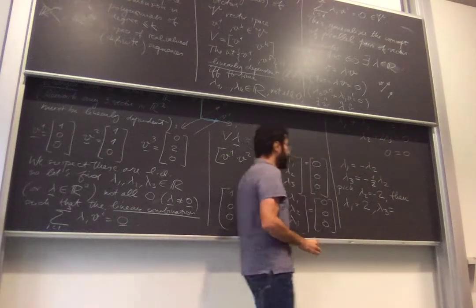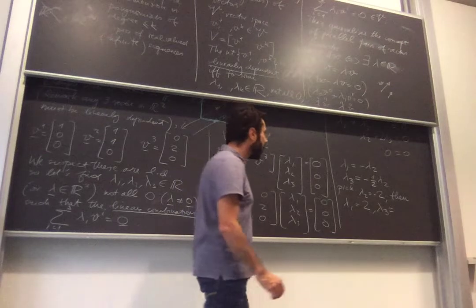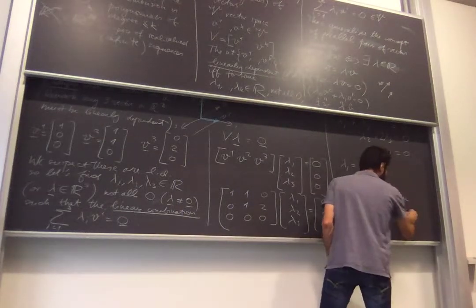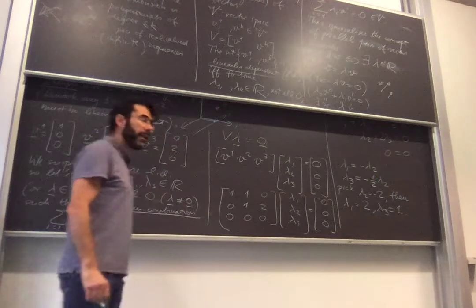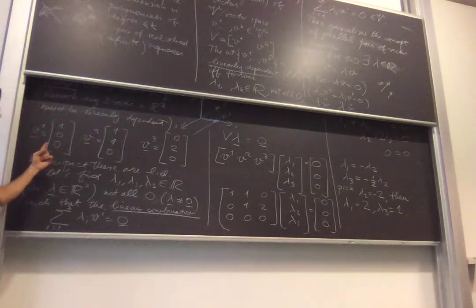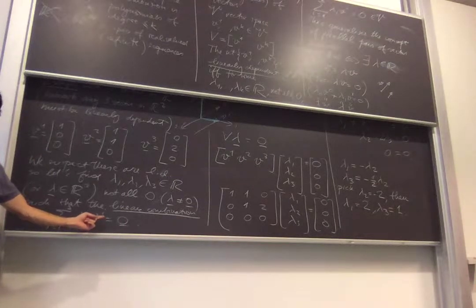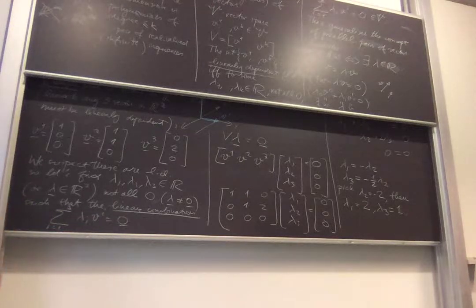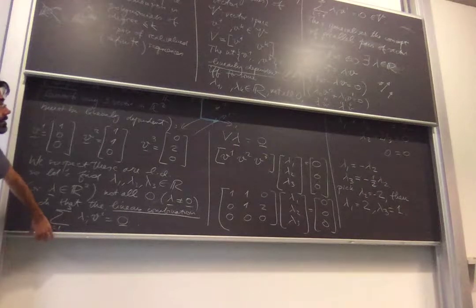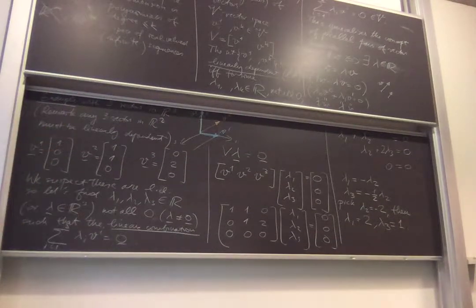Lambda 3 will be equal to 1. So 1, minus 2, and 2 give you a solution to this system without being all 0. So that's basically what linear dependence means. This was just one example to understand what this means in action.